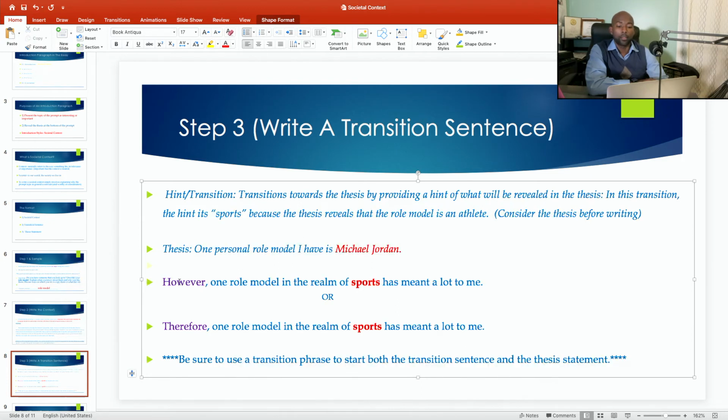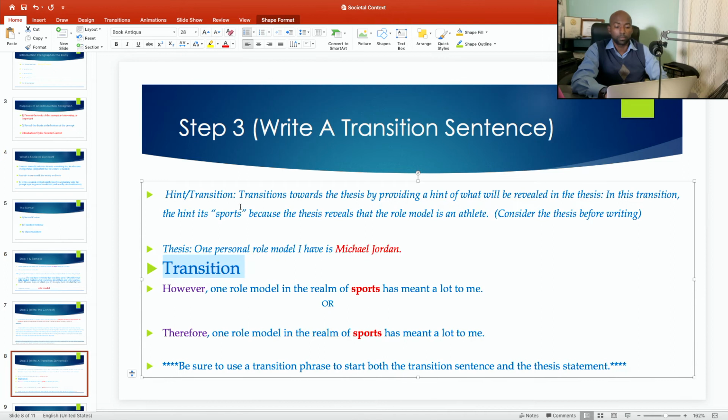That way, the transition sentence should reveal a clue of who or what we chose in the thesis.